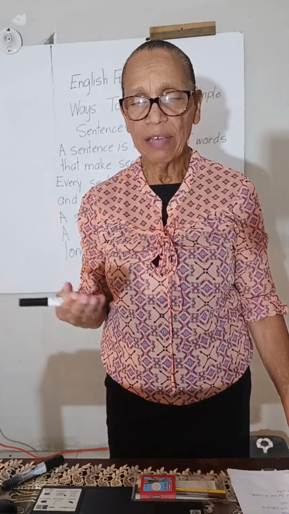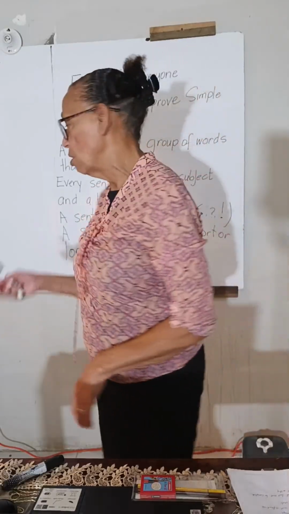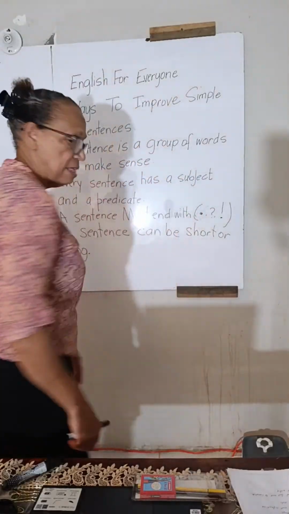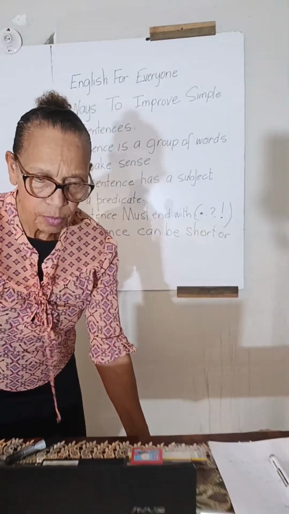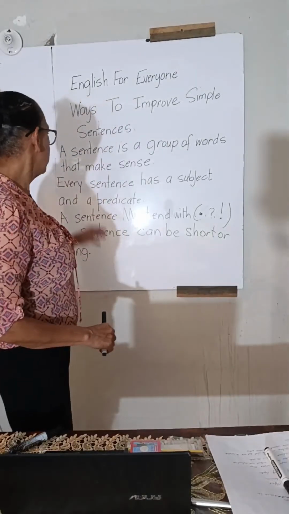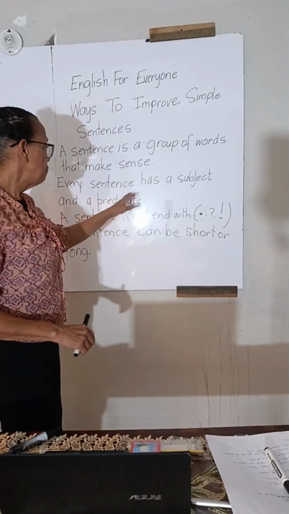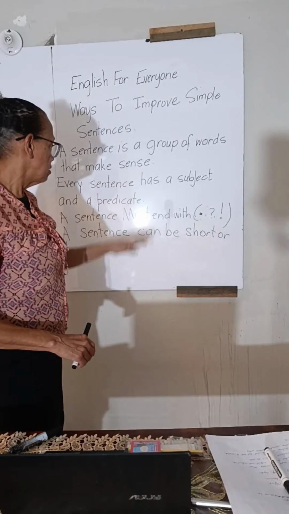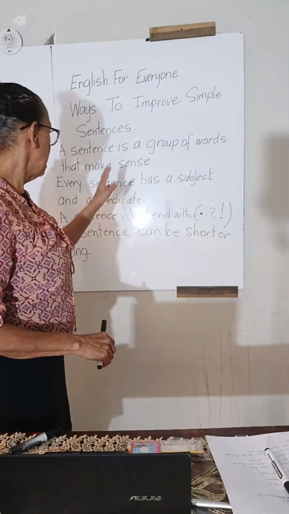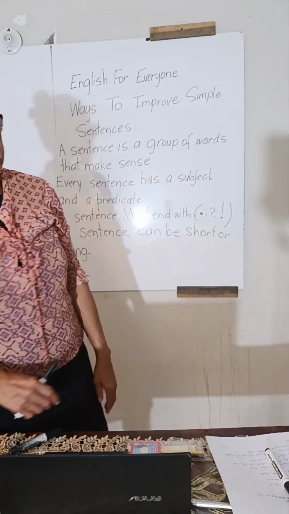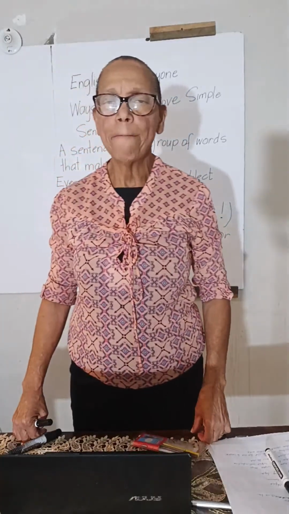Now we went on a little further and we said that every sentence has a subject and a predicate. Two main parts.